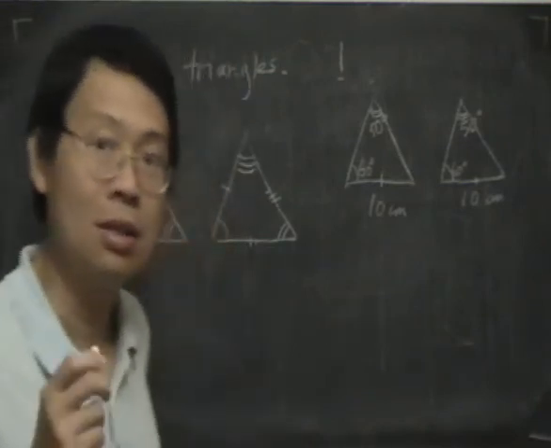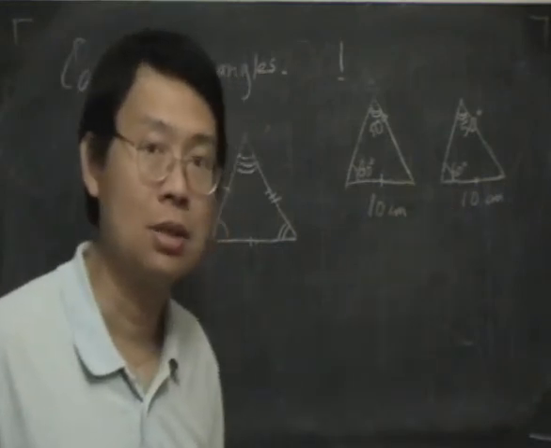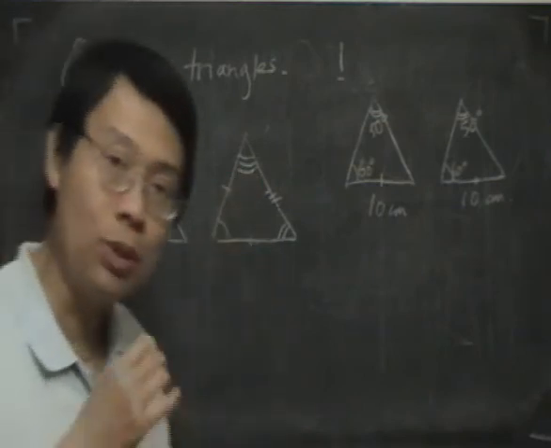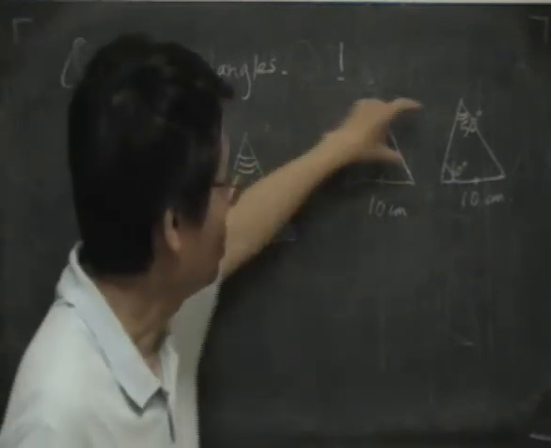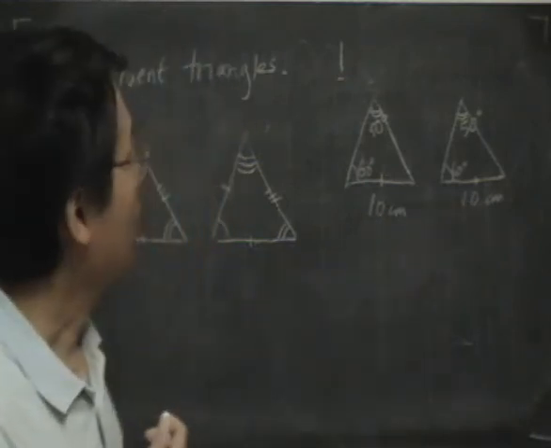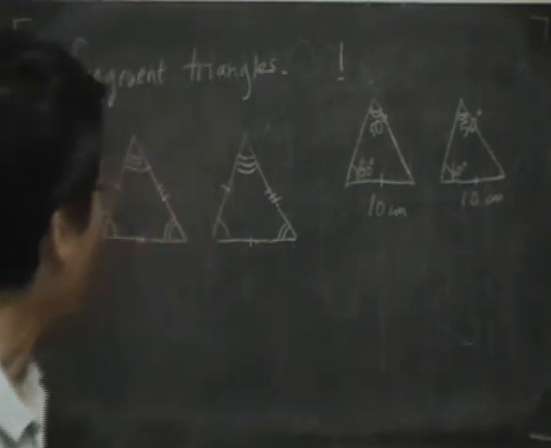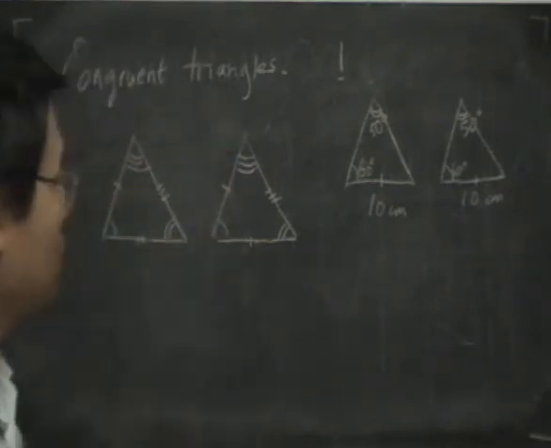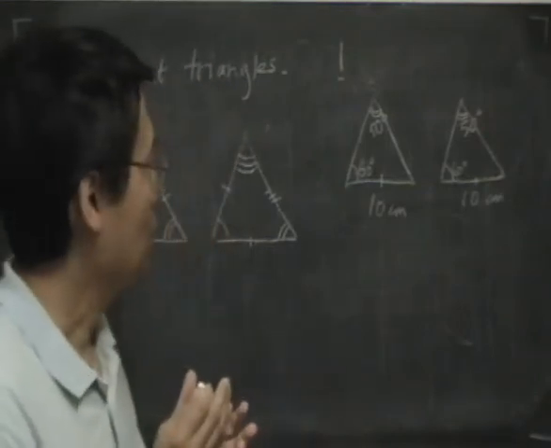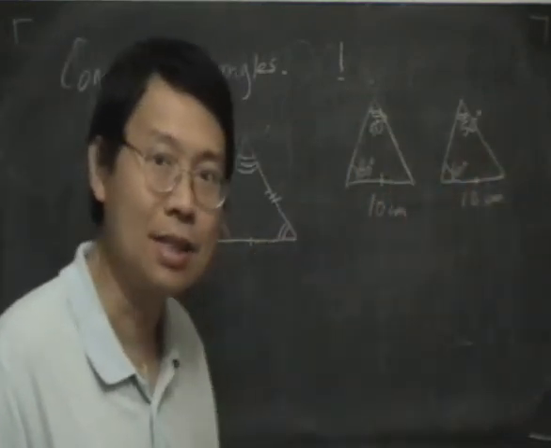Can we say whether these 2 triangles are congruent? That means that we only know 2 angles and 1 side are the same. We don't know all the sides, we don't know all the angles. So with this small amount of information, can we say whether the 2 triangles are exactly the same?